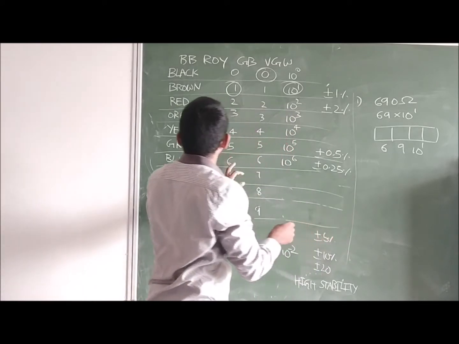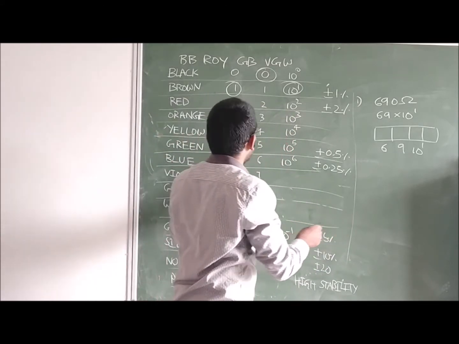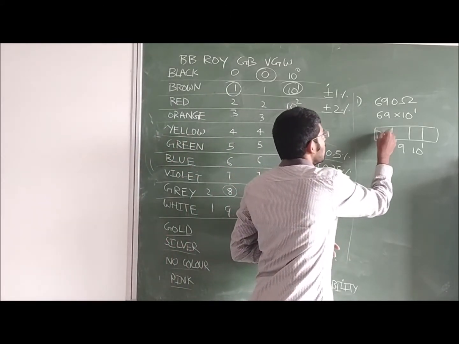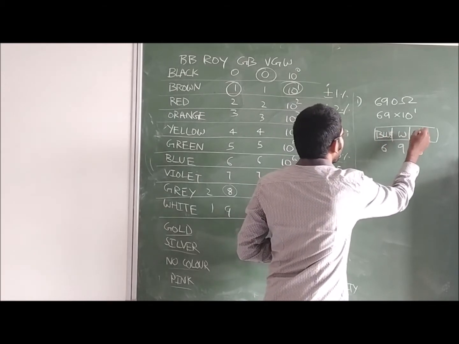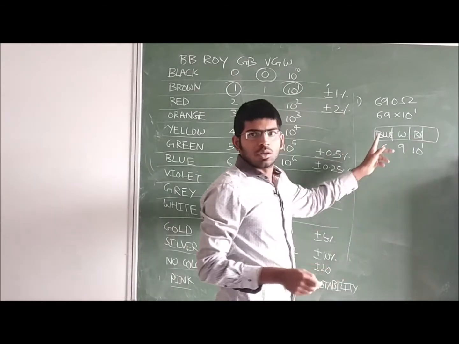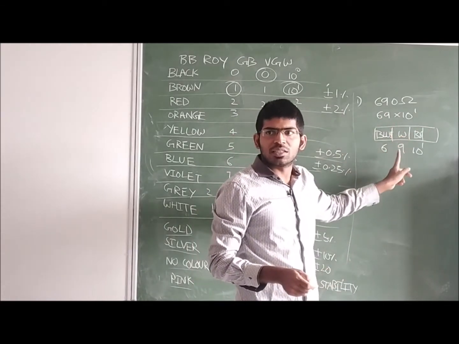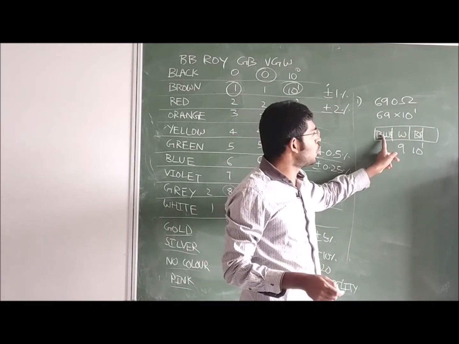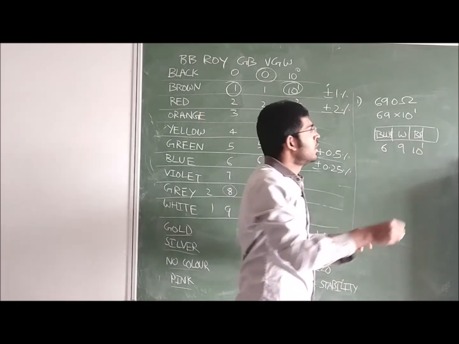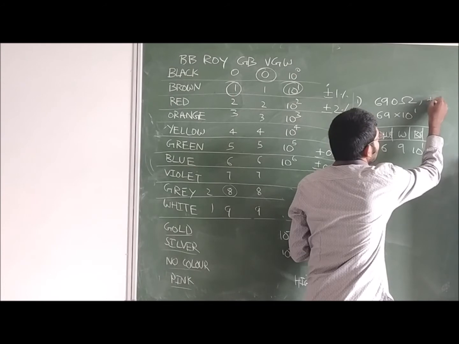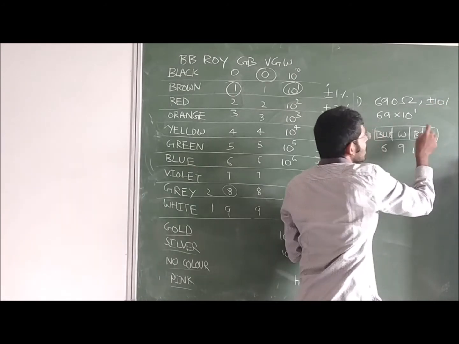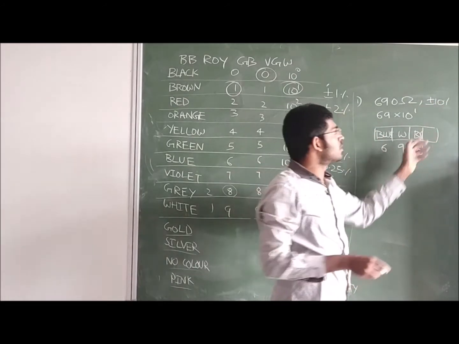What is the color equivalent to value 6? Blue. So it is blue, white, brown. The color code for 690 ohms is blue, white, brown. So 690 ohms with tolerance plus or minus 10%, then the last color band is silver.